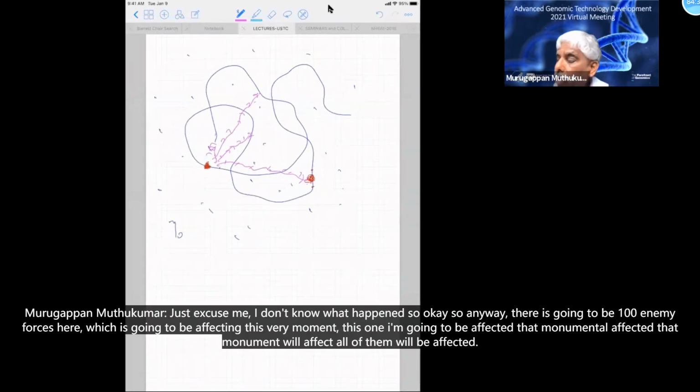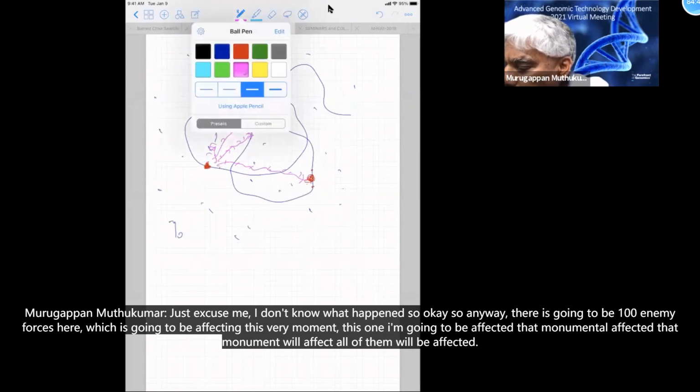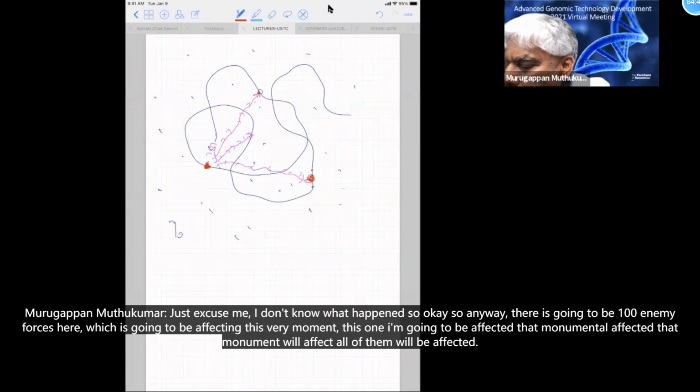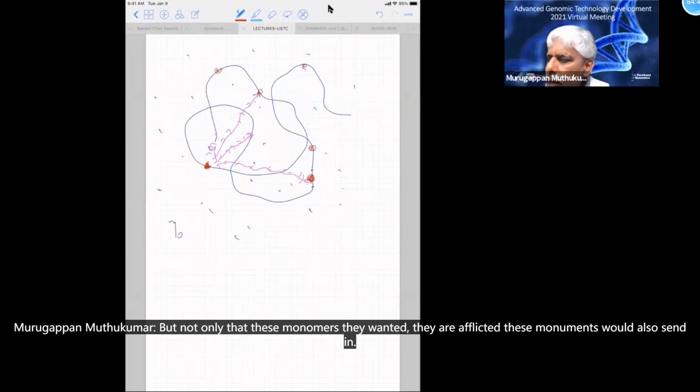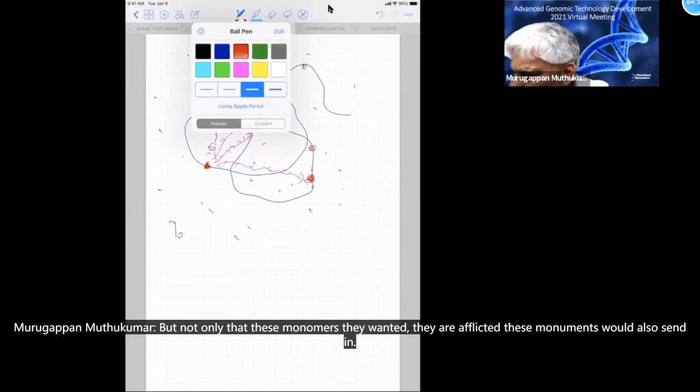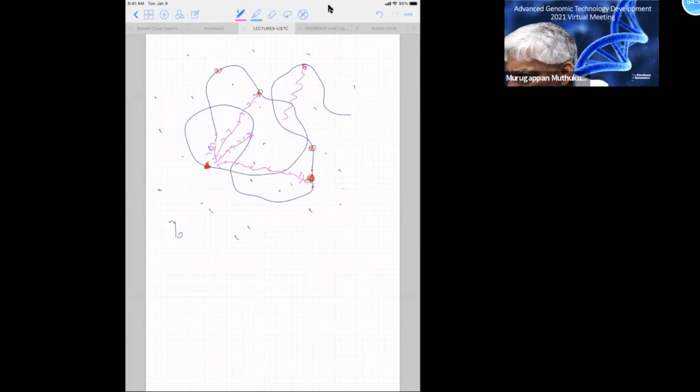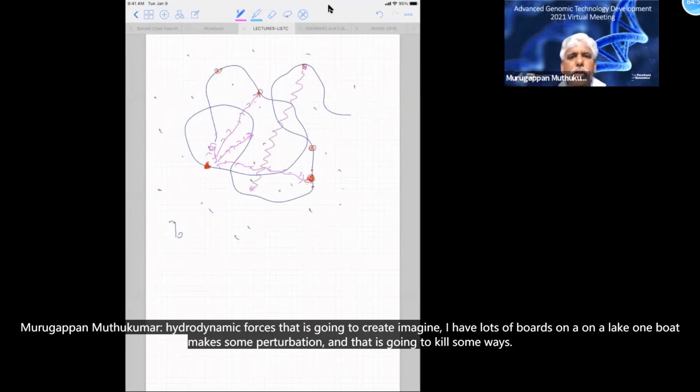So anyway, there are going to be hydrodynamic forces here, which are going to affect the various monomers. This monomer will be affected, that monomer will be affected, all of them will be affected. But not only that, once these monomers are affected, they would also send hydrodynamic forces.